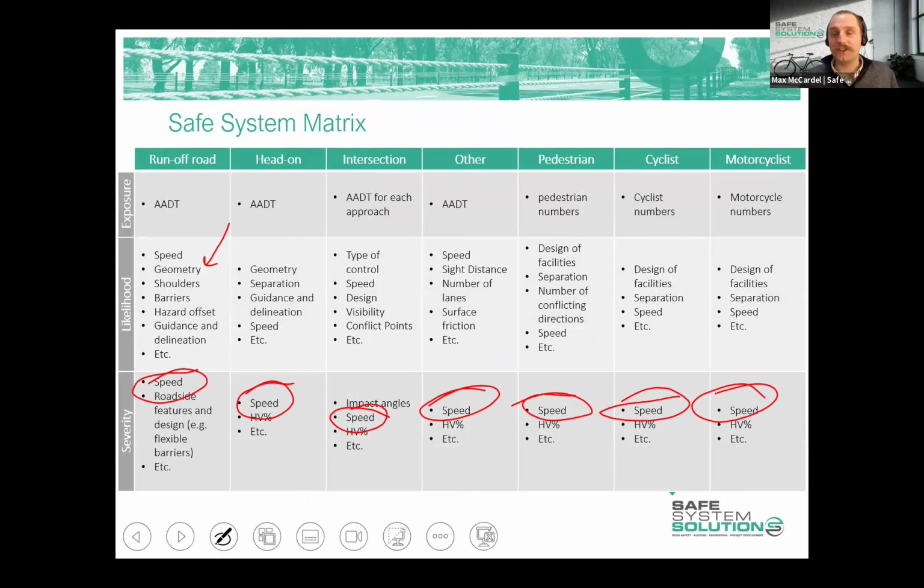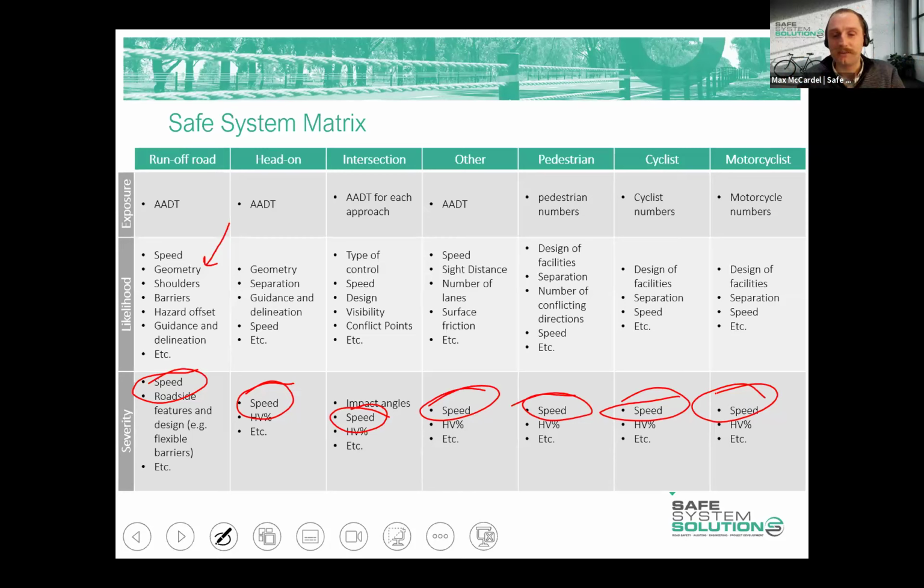For intersection crashes, the other pertinent factor with severity is the impact angle. If it's a T intersection and you've got the possibility of right angle crashes, that would have a higher severity. If it's a roundabout where you've got more acute angle crashes, you may have a lower severity score.